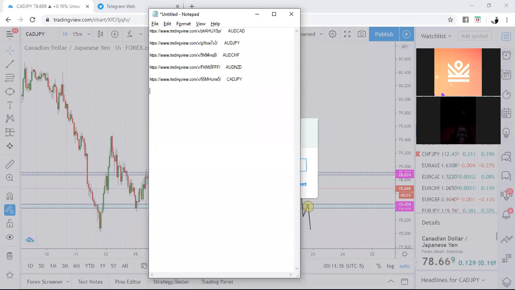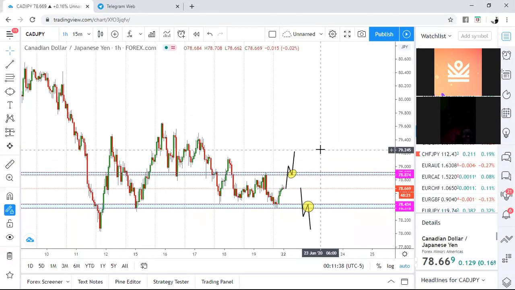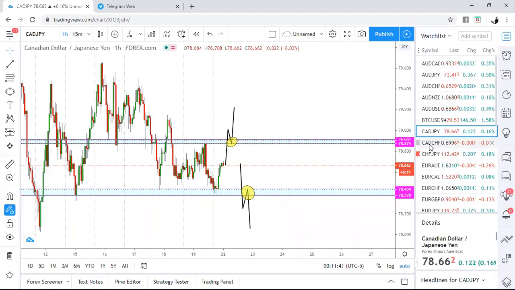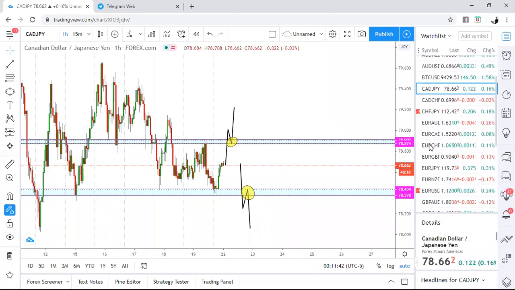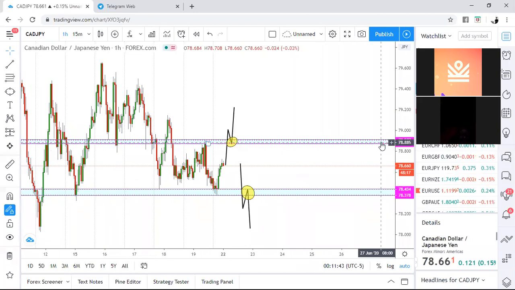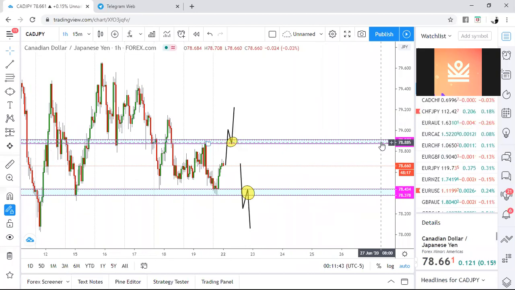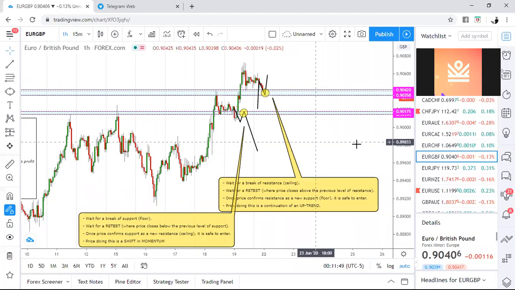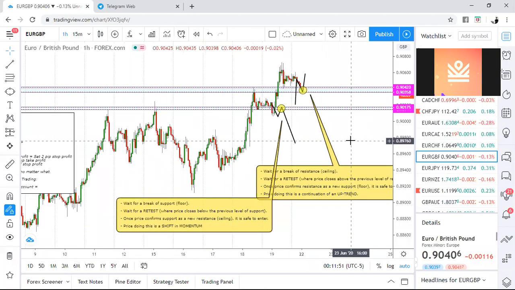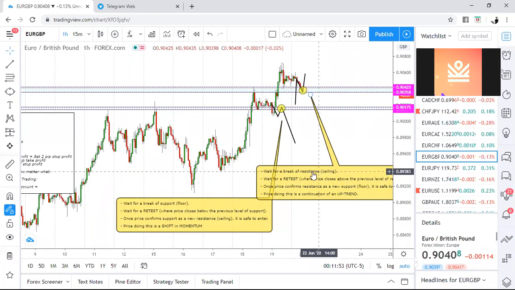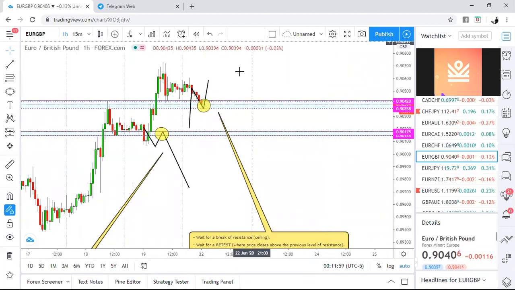Let's say you put in a trade here, for example. Let's see which one of these happened. Yeah, like this, for example, Euro GBP. Wait for a break of resistance, wait for the ceiling break, wait for a retest, and once that confirms, then you enter. This is pretty much exactly what happened.